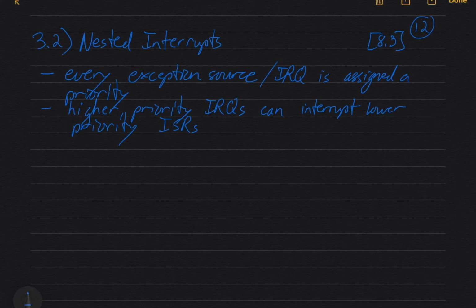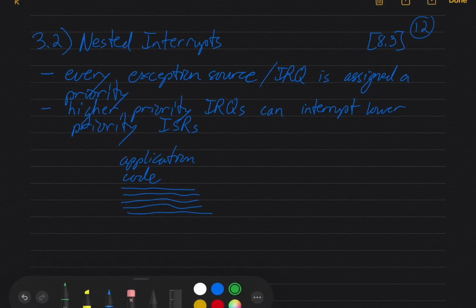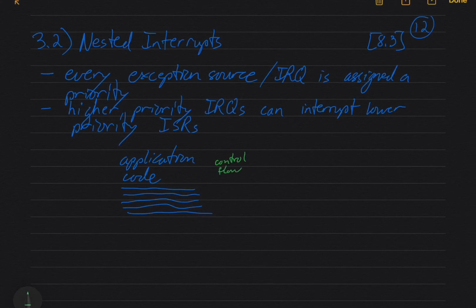So here's an illustration of that. Here's our main, our application, and we're running it instruction by instruction, and our control flow, which again is just the sequence of instructions that gets executed.